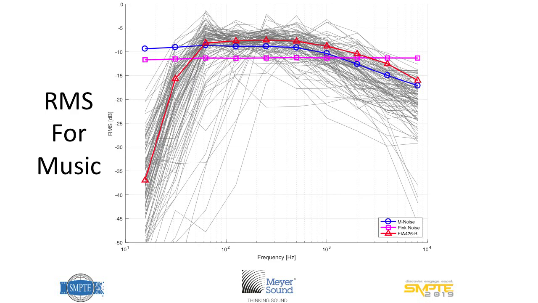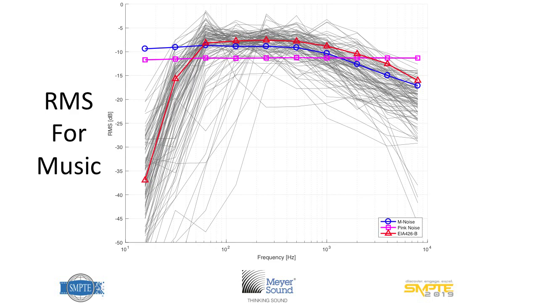What I'm plotting here is EIA 426B. So that's the red curve here. The red curve is acknowledging that real program material, the RMS level, tends to roll off with frequency. And it does pretty nicely reflect what's happening in the data.